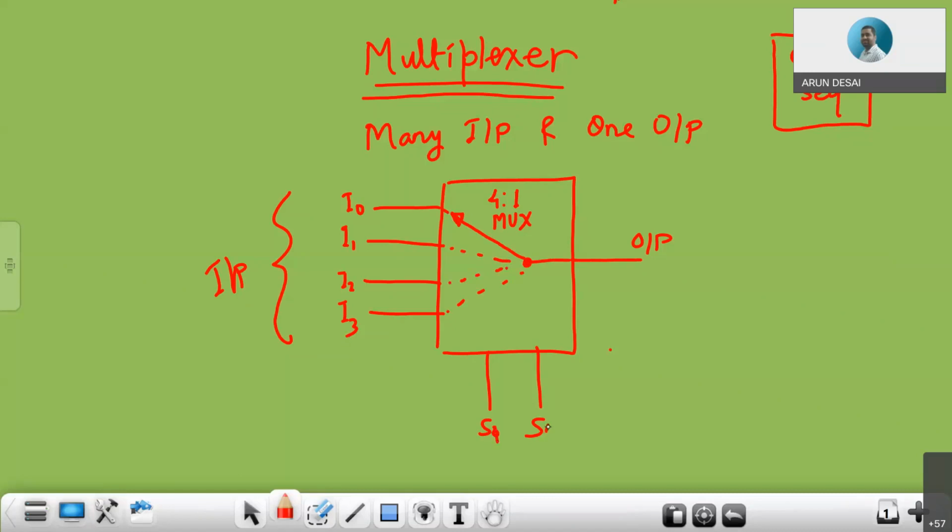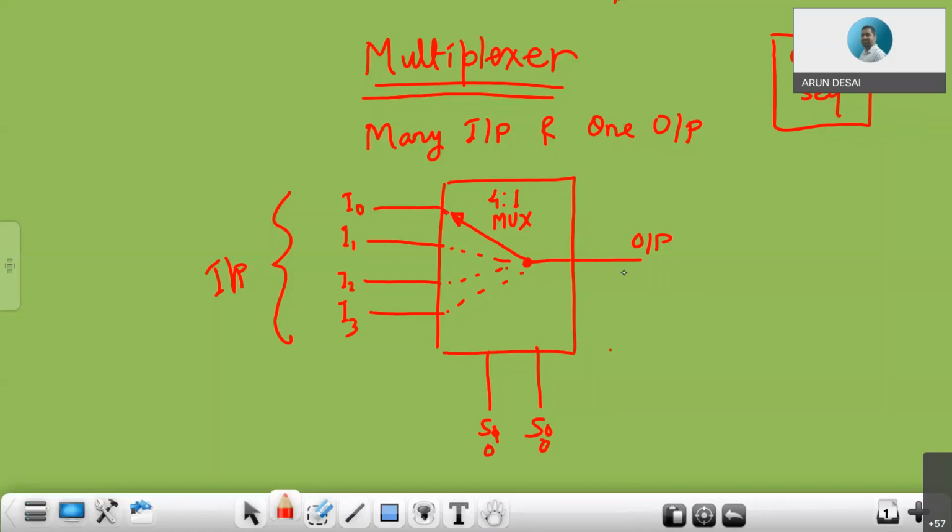This is 1 and this is 0. If my select lines have the input 0, 0, then it selects whatever is on I0, the zeroth input line, and passes it to the output line.